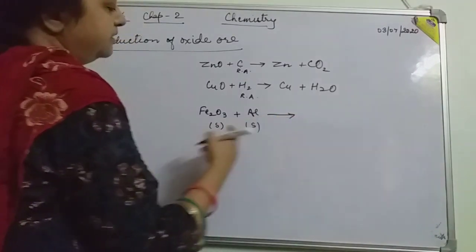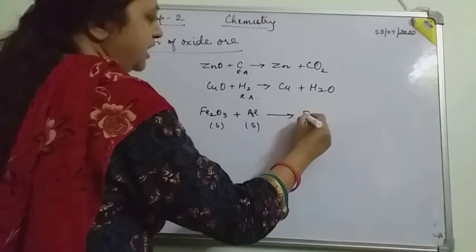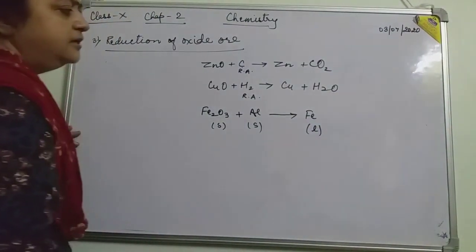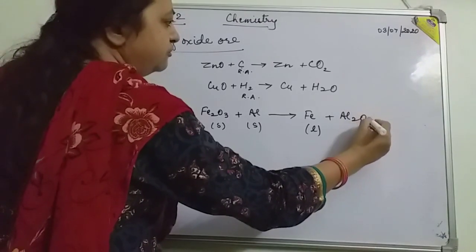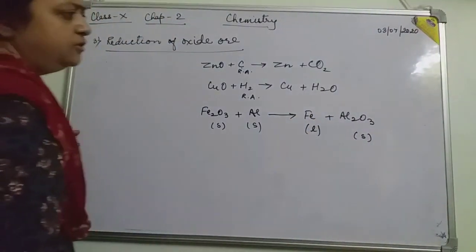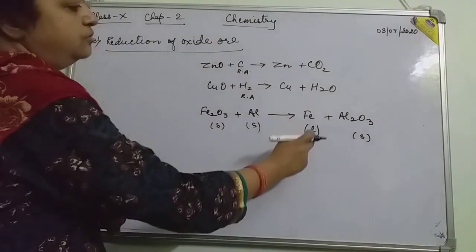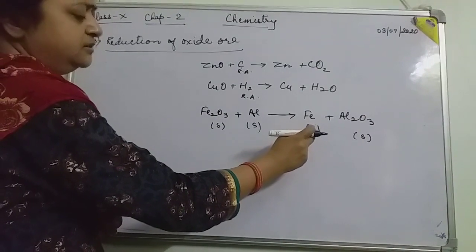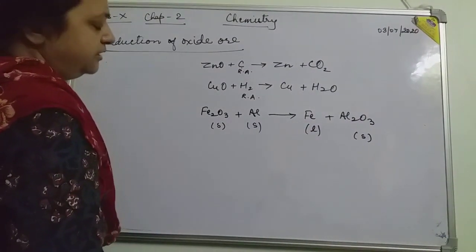When ferric oxide reacts with aluminium, we find iron in liquid state, with the formation of aluminium oxide. The melting point of aluminium oxide is more than that of iron, so iron here is found in the liquid state. This iron is used to repair railway tracks, etc.